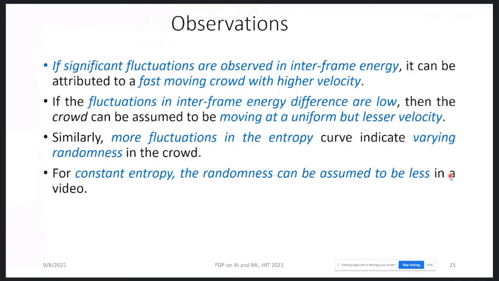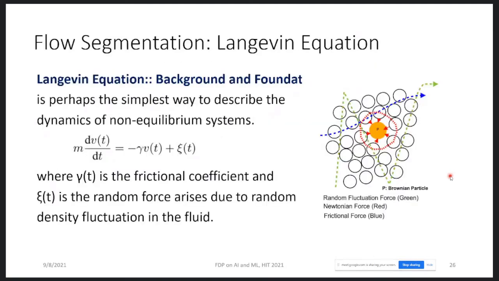That is what we can conclude. And if the fluctuations in interframe energy difference are low, then the crowd can be assumed to be moving at a uniform but lesser velocity. And similarly, more fluctuations in the entropy curve indicate varying randomness. These are all empirical observations. So based on these empirical observations, we can define certain rules. And that is what we have done here.